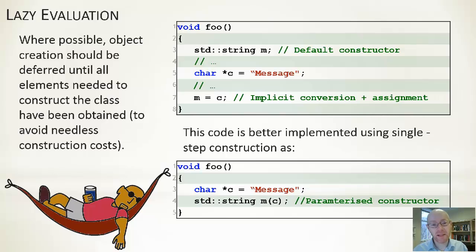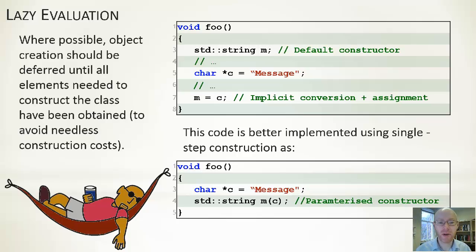Related to that, you see a few more examples here about object construction. Where possible, object creation should be deferred until all the elements needed to construct the class have been obtained. And it depends upon the exact form of construction, whether or not that is an important element. The example at the top gives you an illustration of where it is an important element.